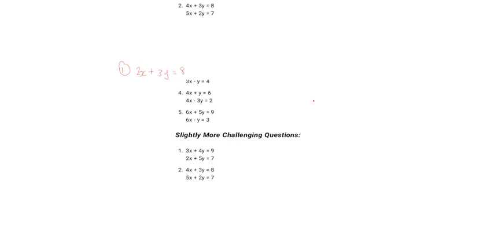Then the down one, 2x minus y is equal to 4. Okay, so just write this question in your book so that you should follow what I'm doing. Now how can we solve this problem?